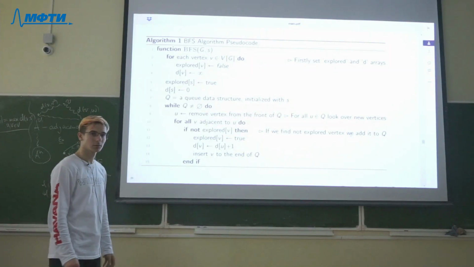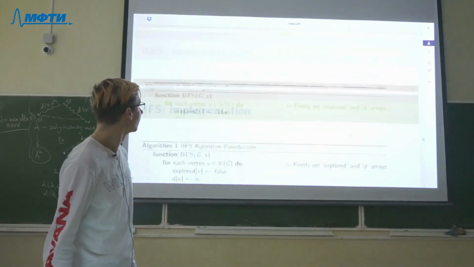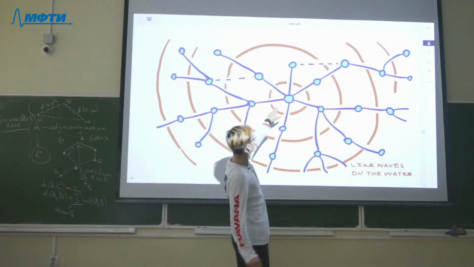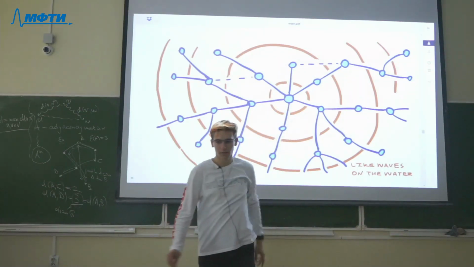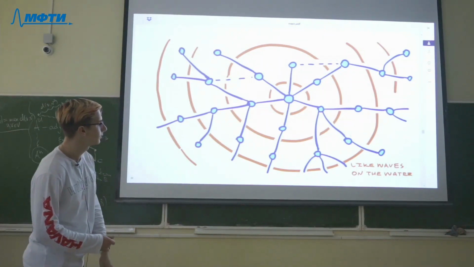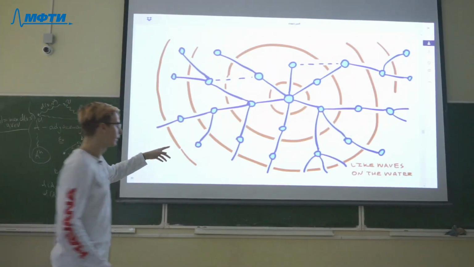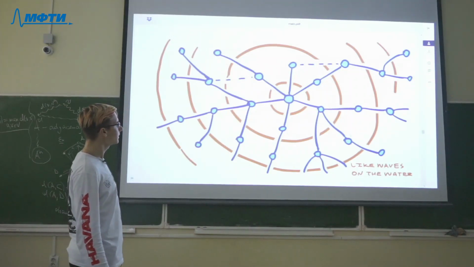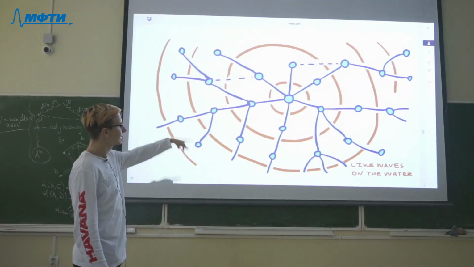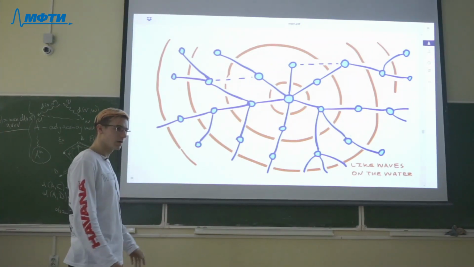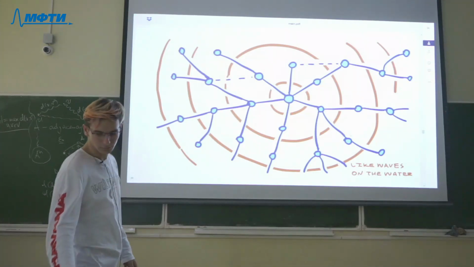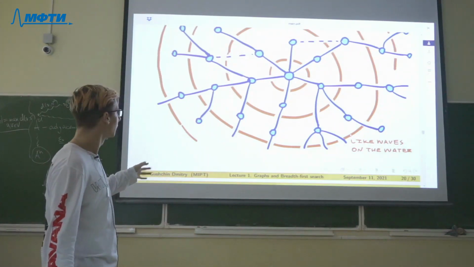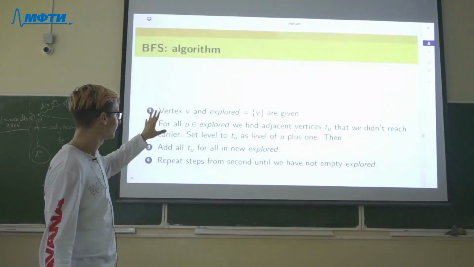In this picture, S is the center of the graph. At the start of our algorithm, we get the graph and the center. Then we find distances between the center and other vertices and return them after the algorithm. I can give you an example after 2 slides.